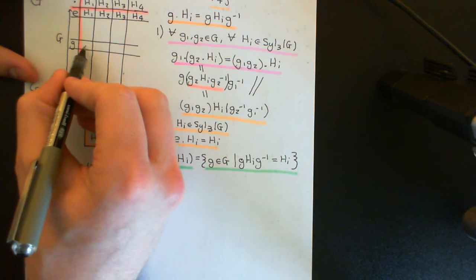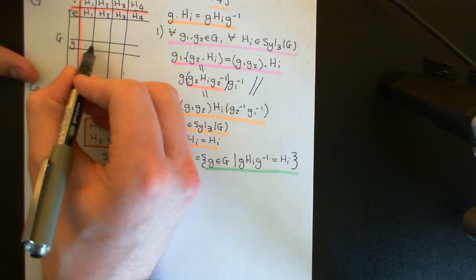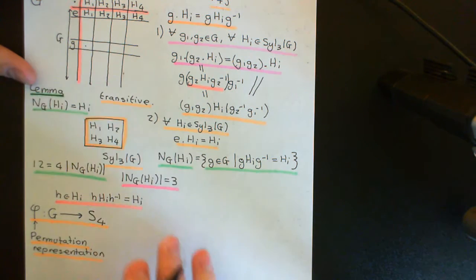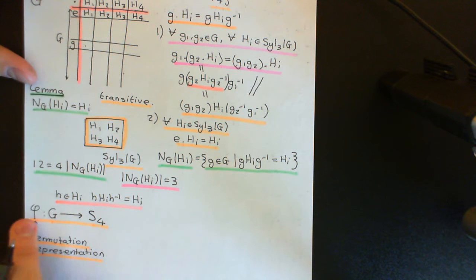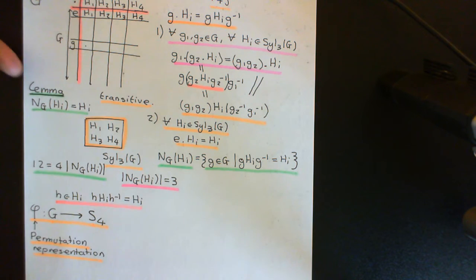So H1 will be sent onto what's in this box, H2 onto what's in this box, H3 onto what's in this box, and we will now associate this with the element g. That's what the permutation representation is going to do. It will map the element little g onto the element in S4 that is the equivalent set permutation here. That will end up being a group homomorphism, and if you want further explanation for that, go back and watch the videos on group actions earlier on in this playlist on group theory.